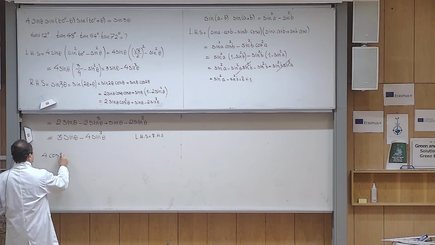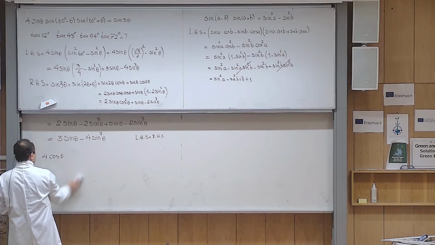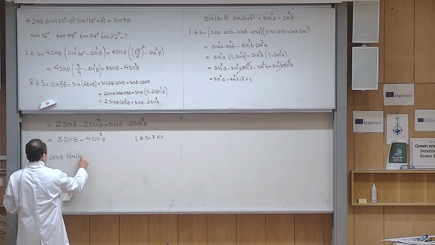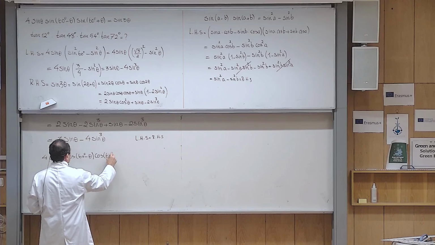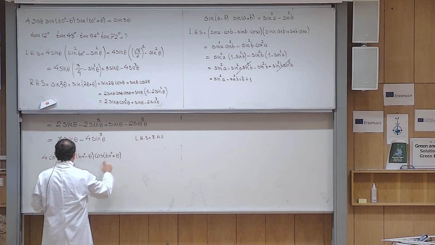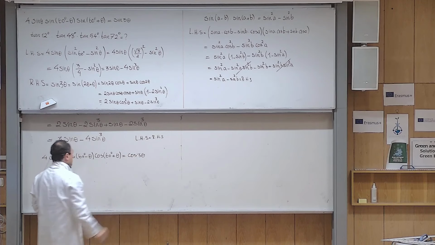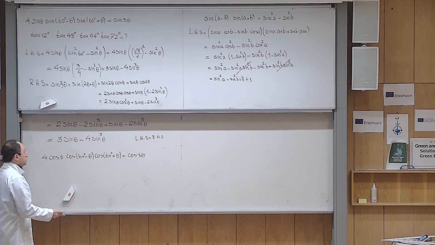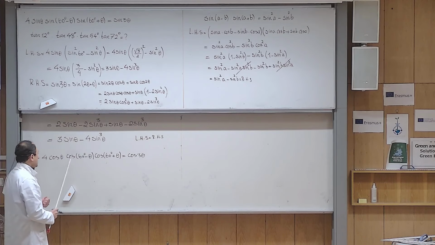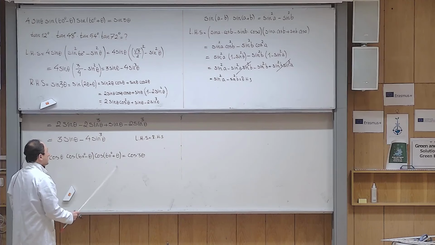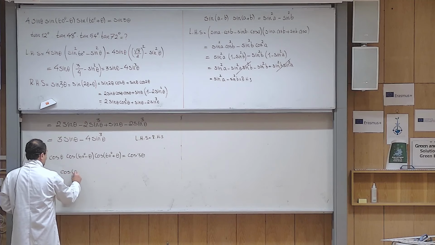So it becomes 4 cosine theta, and then cosine of 60 degrees minus theta, and then cosine of 60 degrees plus theta. It becomes cosine 3 theta again. But of course, again, if you want to prove this, this is the formula that you're supposed to prove. I don't want to do it here because it's very similar, but this combination is not exactly like that. We also have a formula for this way for cosine.